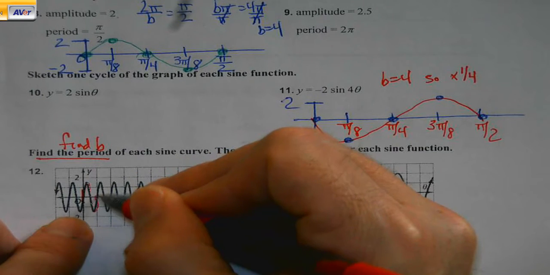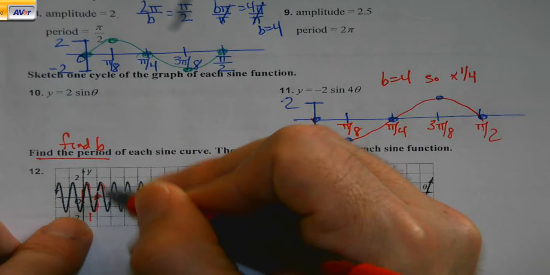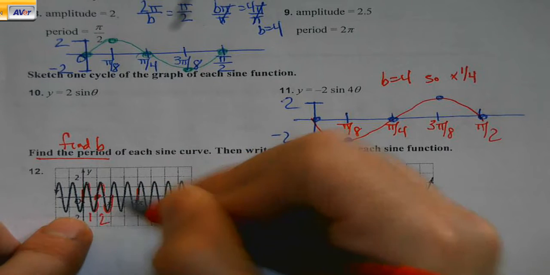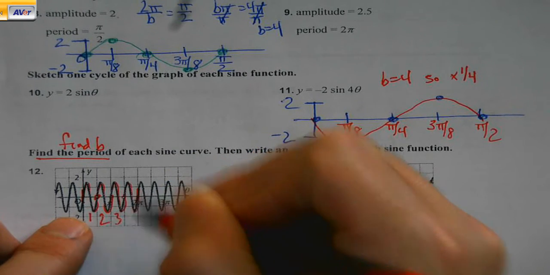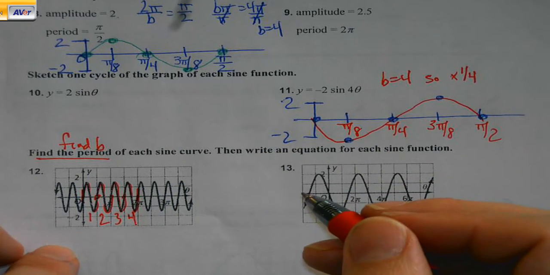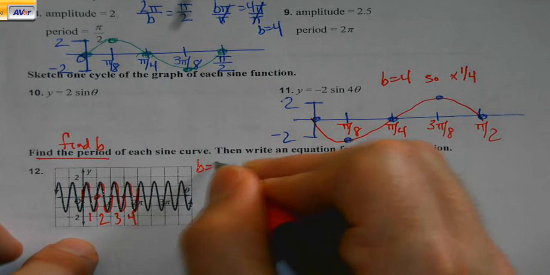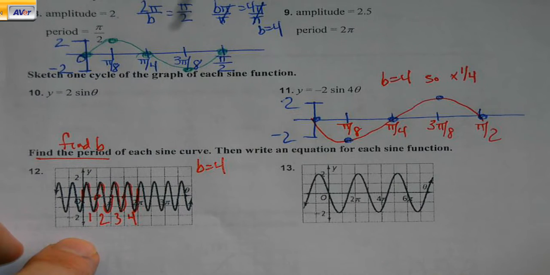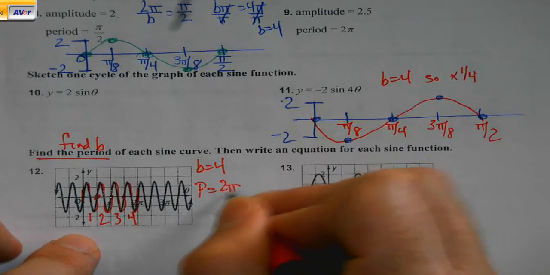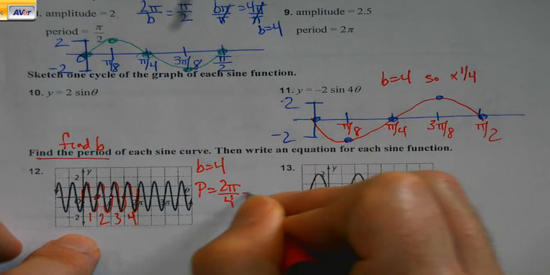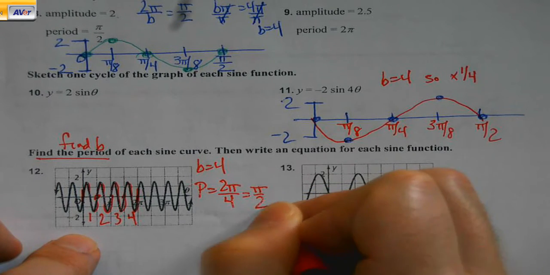Okay, there's 1. There's 2. There's 3. There's 4. So B equals 4. So my period is 2 pi over B, and I reduce it.